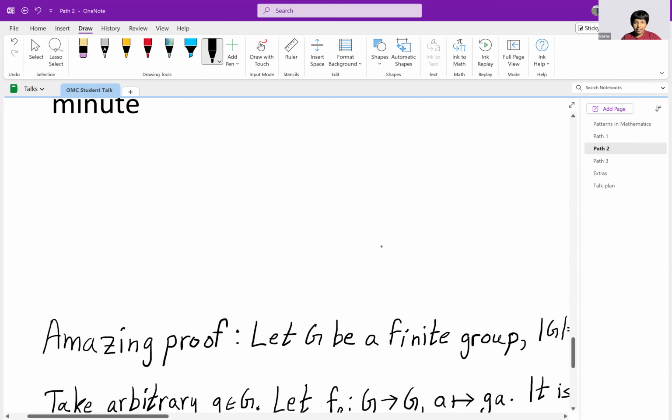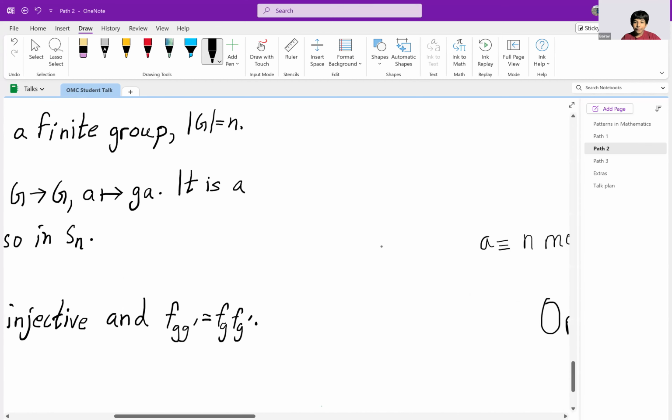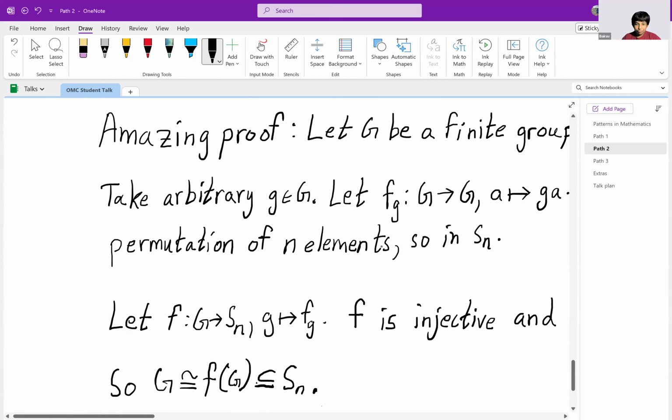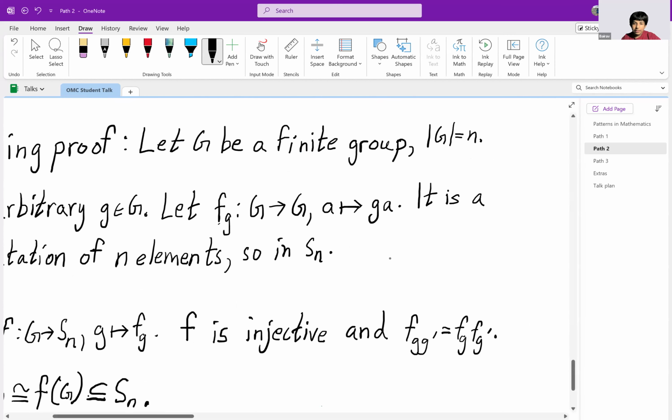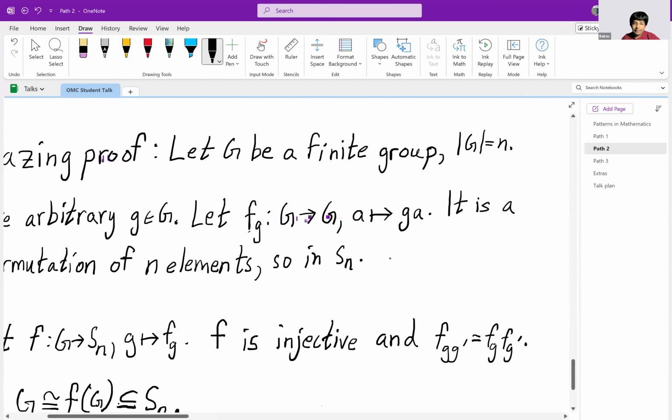If we have a group, we just take the permutation of elements which is taken by multiplication by that element. So then we associate it with that and then we get a function.